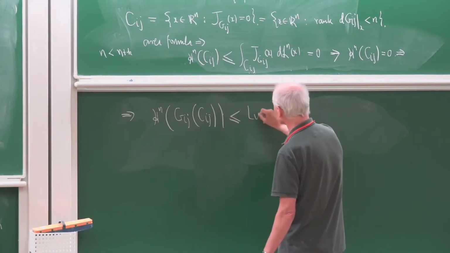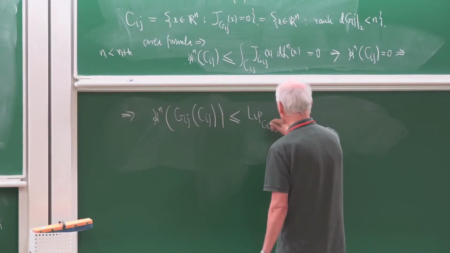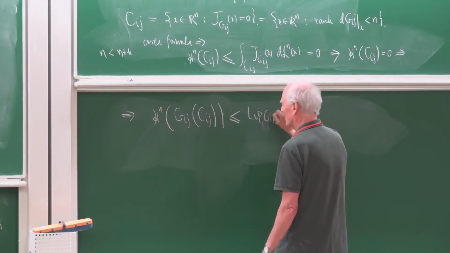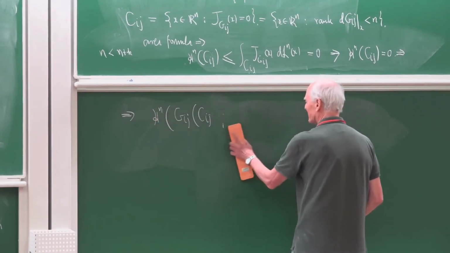The n-dimensional measure of the image Gij(Cij) is also 0, because that's less than or equal to the Lipschitz constant of Gij. Well, okay, at least on any compact subset, so I'd better be a bit careful here.